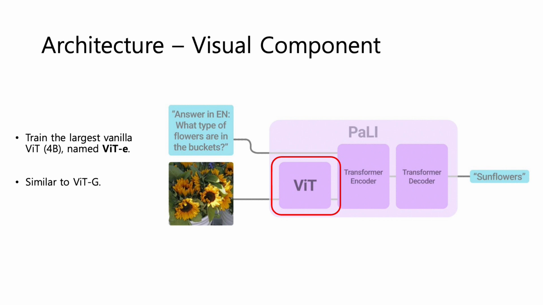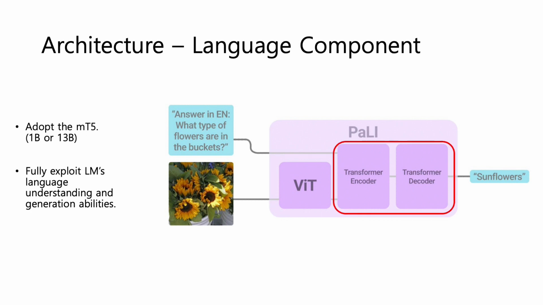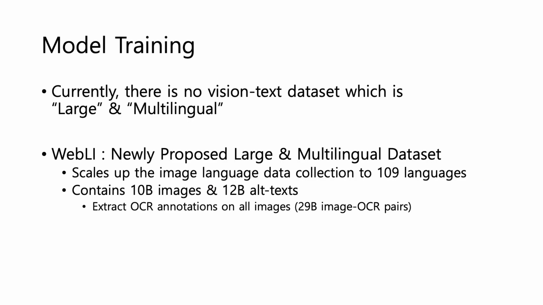ViT-e can achieve substantial performance gain on vision-language tasks in PaLI. Finally, we adopt the mT5 backbone as our language component. Also, we fully exploit the LM's language understanding and generation abilities by training on a mix of many tasks, including pure language understanding tasks.